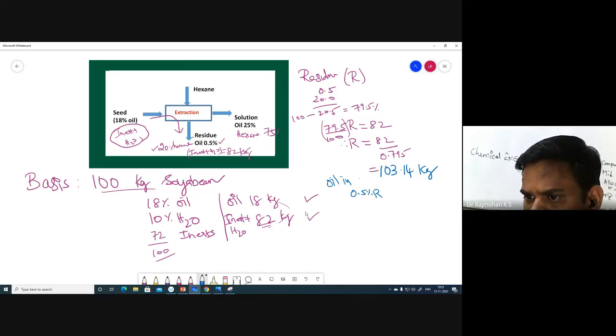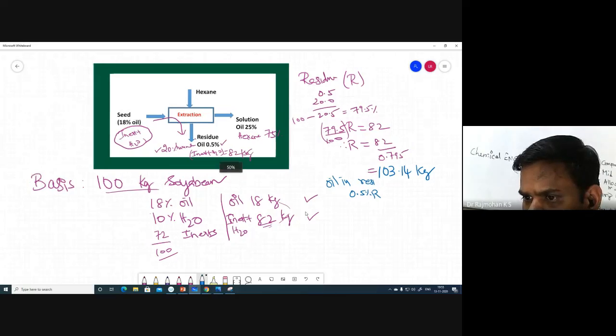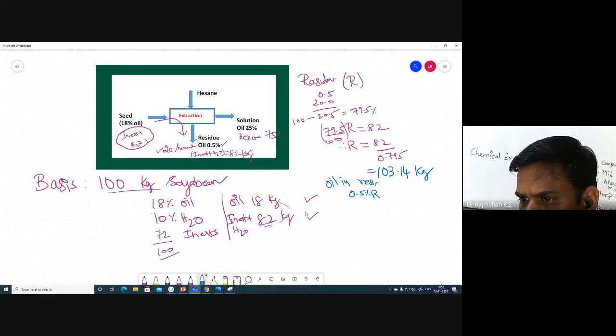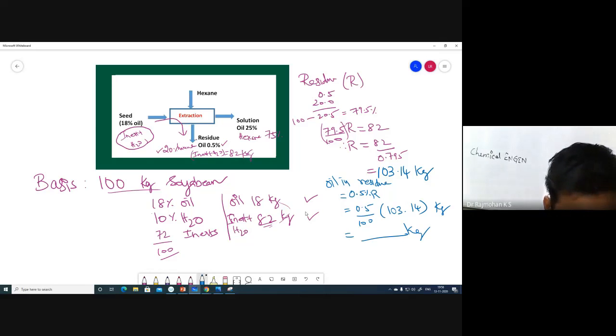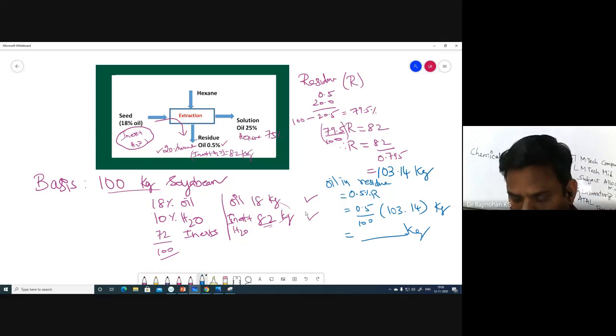So the oil content in the residue is equal to 0.5 percentage of R, that is 0.5 by 100 into 103.14 kg. So what is the oil content in the residue? Use the value 0.5.